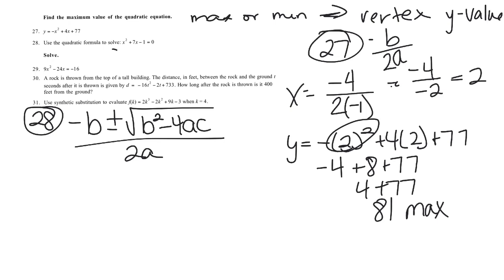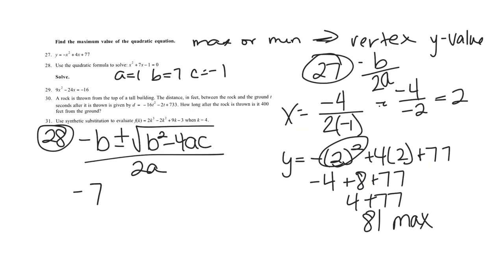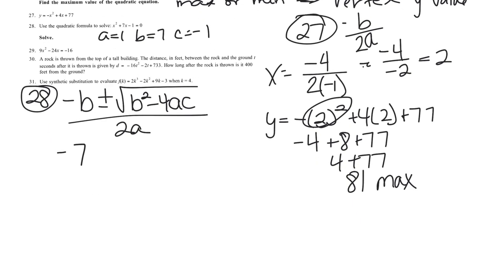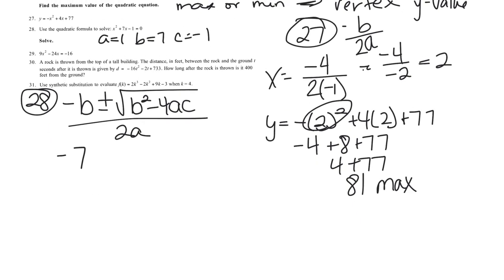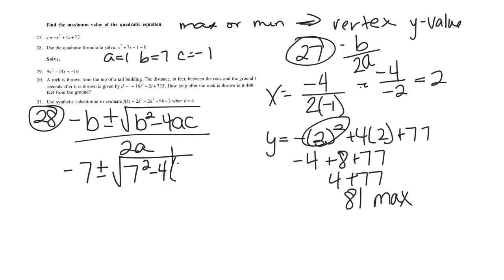So my a is 1, my b is 7, and my c is negative 1. So negative 7 plus or minus the square root of 7 squared minus 4 times 1 times negative 1 all over 2 times 1.